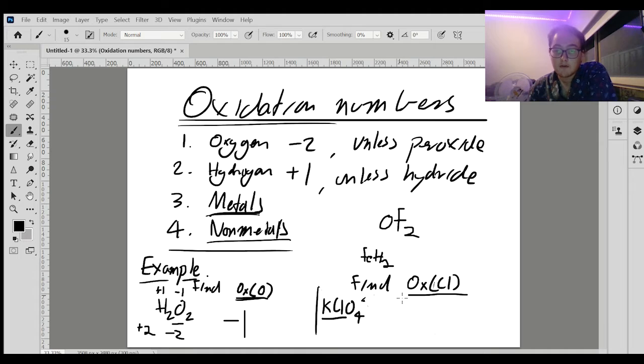Then we have this one. And this one, it's a bit more difficult. It's the sort of thing that might trip some people up, because they do it in the different order. They do nonmetals, then metals. That's not right. You'll see why here. So oxygen, -8, obviously.